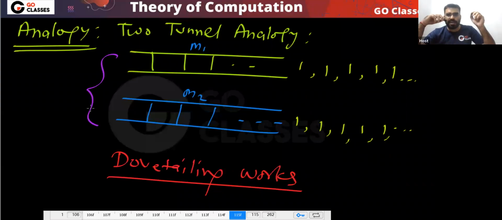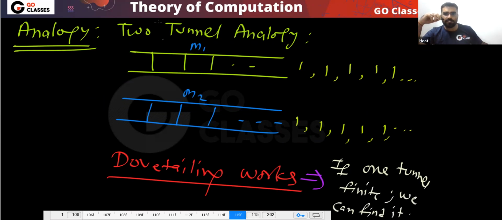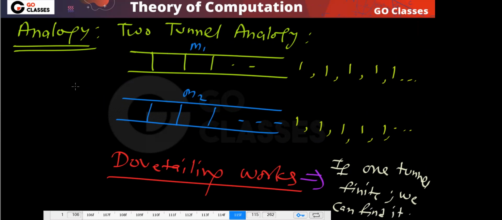If one tunnel is finite, we can find it. Do you agree or not? So this is the idea.